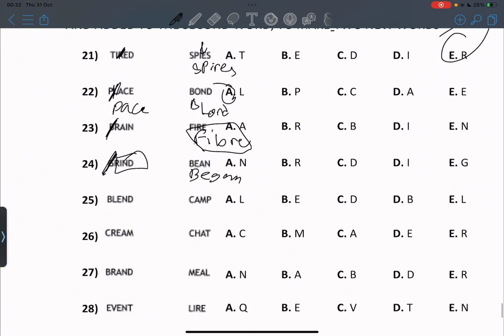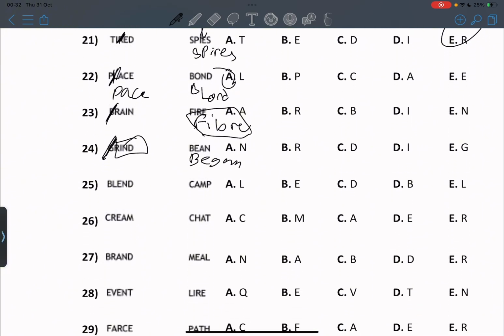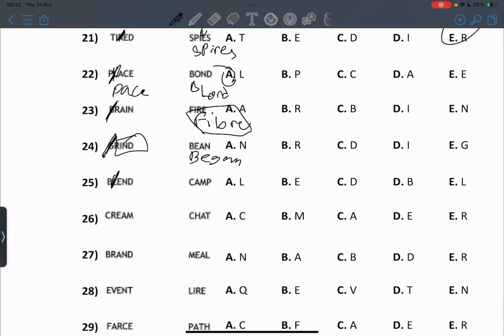If you go on to question 25, if you remove the L here, you'll get bend, and if you put the L in here, you'll get clamp. For question 26, if we remove the E here, we'll get cram. If we put the E into here, you'll get cheat.